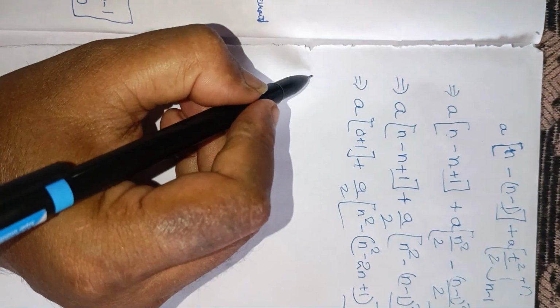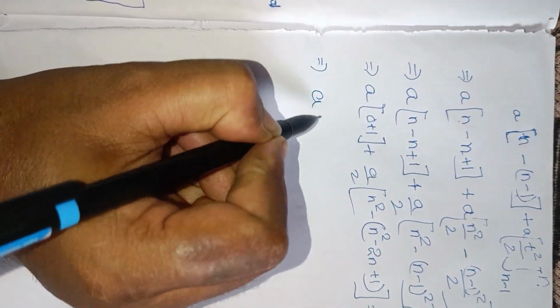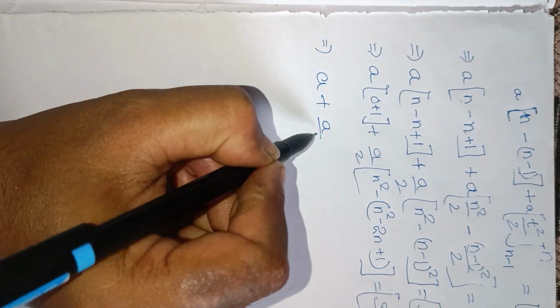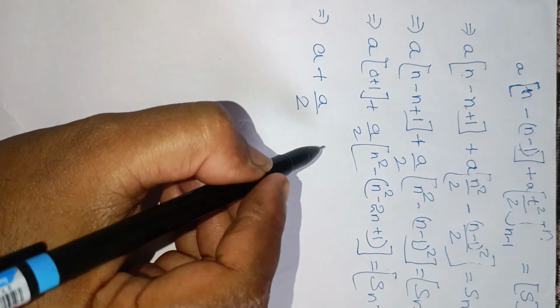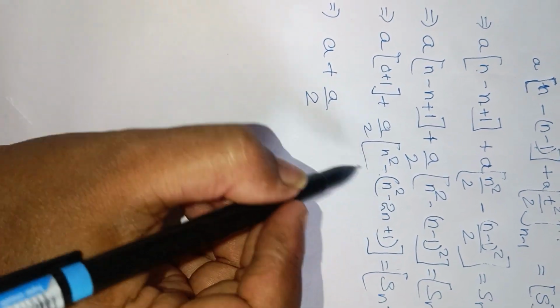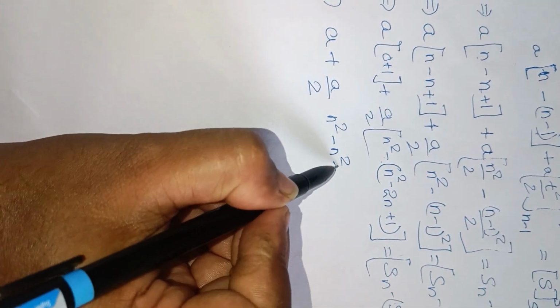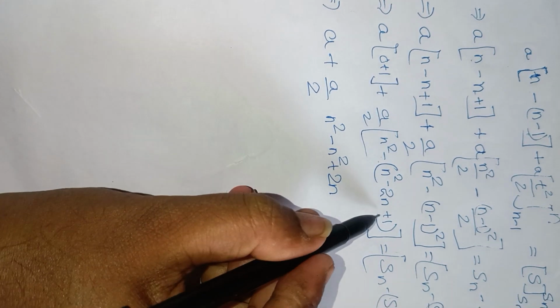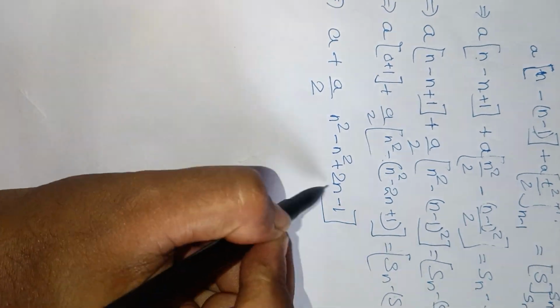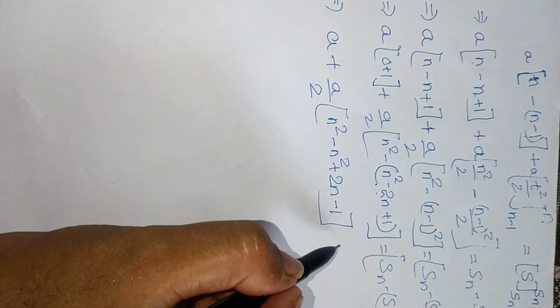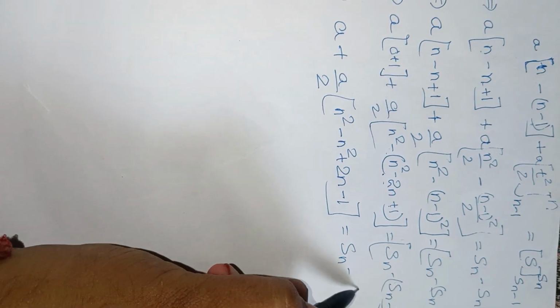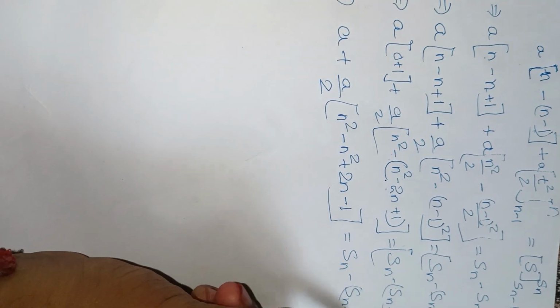So we can also write it as u plus a by 2 times, removing the bracket and multiplying the minus inside, n square minus n square plus 2n, and plus will become minus 1. So now the lower bracket is removed. So s n minus s n minus 1.